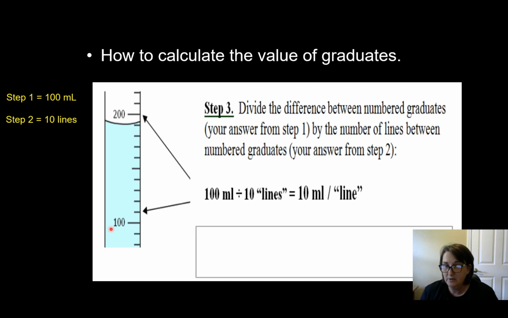So I could say this is 100, this is 110, 120, 130, 140, 150, 160, 170, 180, 190, 200. So each of these lines goes up or down by 10 milliliters. If I wanted to know what this one was, it would be 90, that would be 80.